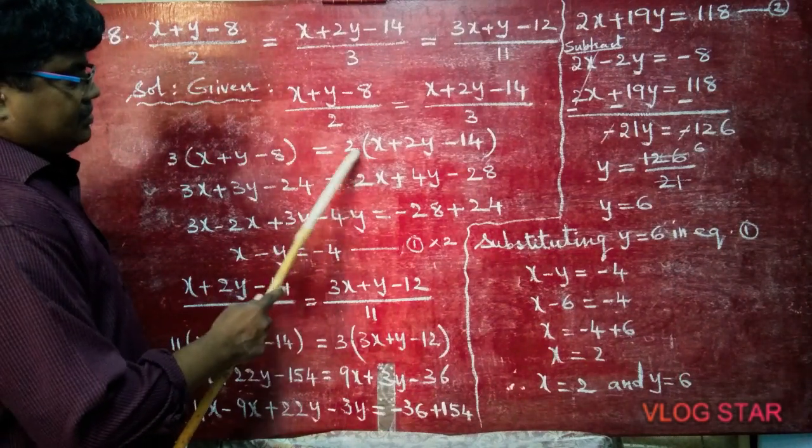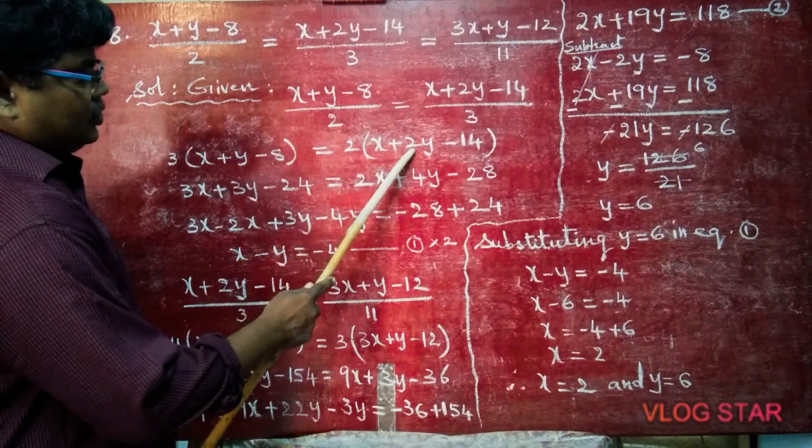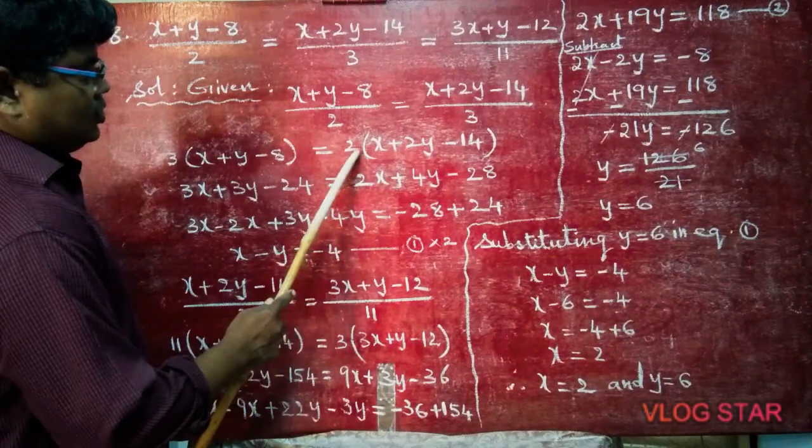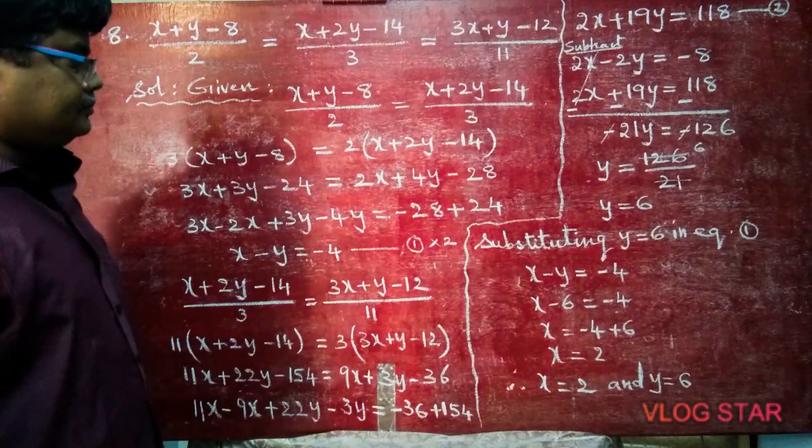2 into x, 2x, plus 2 into 2y, 4y, plus 2 into minus 14 is minus 28.